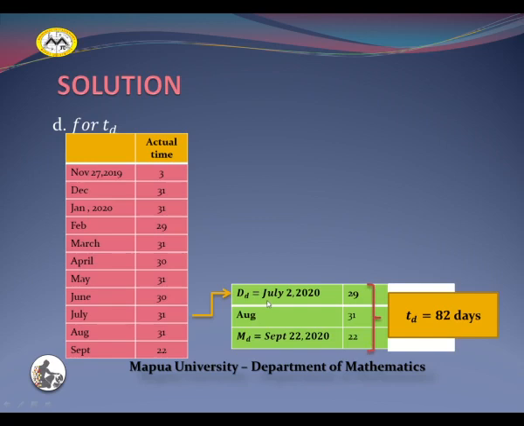For the month of July, the number of days left is 29 days because July has 31 days. And then for August, 31 days. And then of course for the maturity date, September 22. So then adding up, the term of discount is 82 days. So these are the number of days used for the discounting terms, from discounting date to maturity date. The term of discount is 82 days.